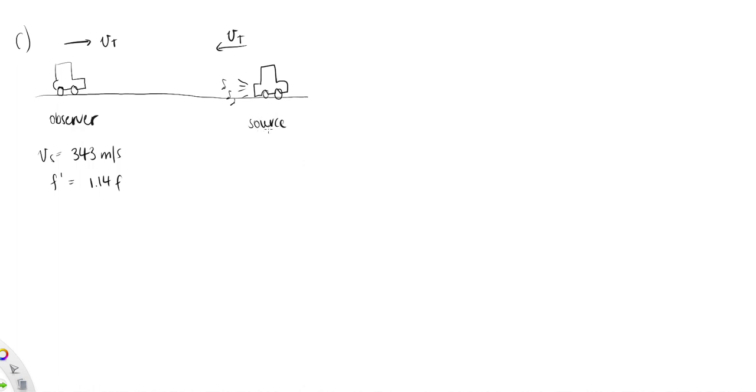So we know that one driver hears the horn of the other truck at a frequency that is 1.14 times the frequency that he would hear if both trucks were stationary. I've written that here as f prime equals 1.14 f, where this f here is the frequency of what the horn is. And we can take the speed of sound to be 343 meters per second as told in the question. I've written that down here too.